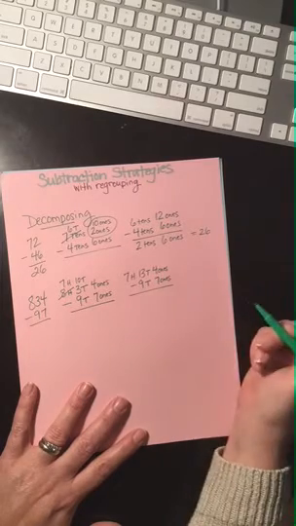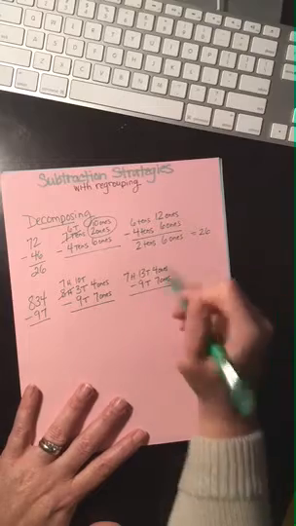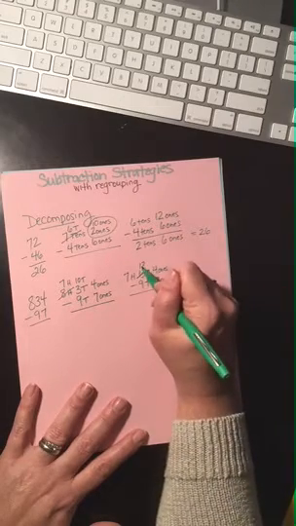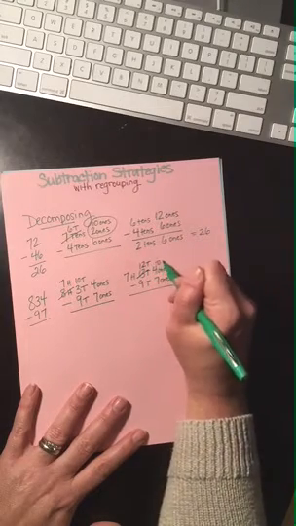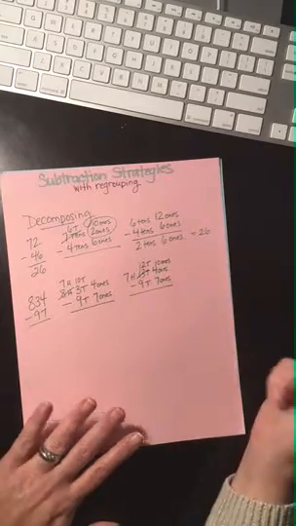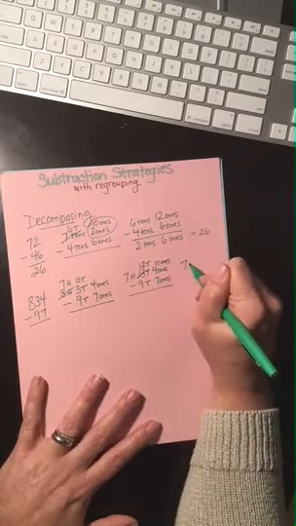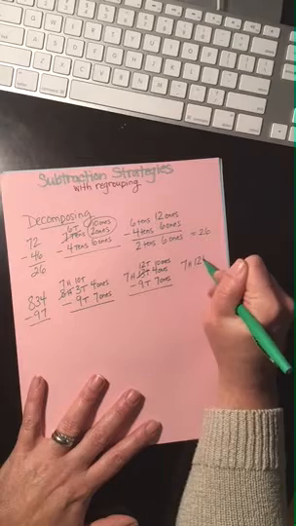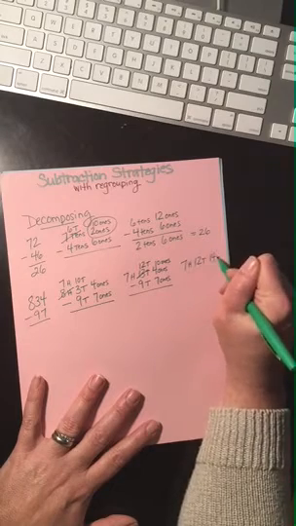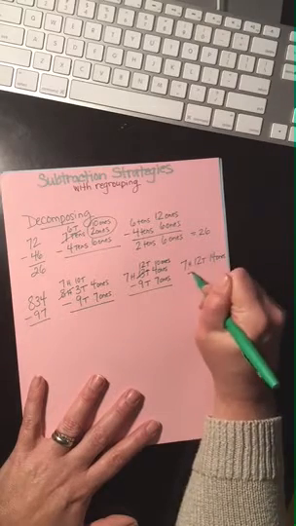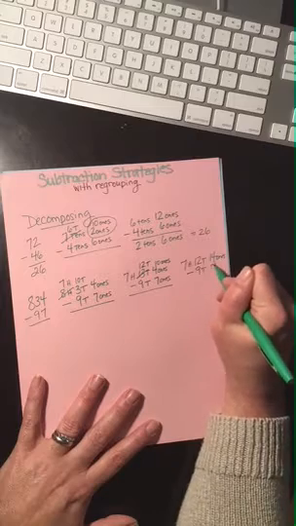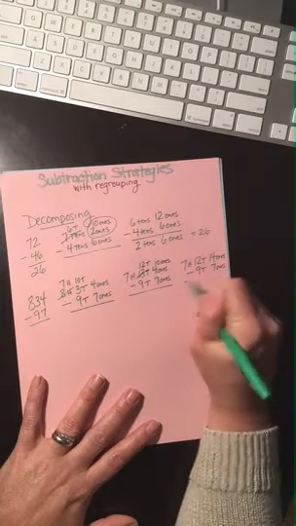But I still can't do this because of the ones, I need to do some more fair trading. So I'm going to take one of these tens and break it into 10 ones. So now I have 7 hundreds, 12 tens, and 14 ones. Still subtracting the 9 tens and 7 ones.